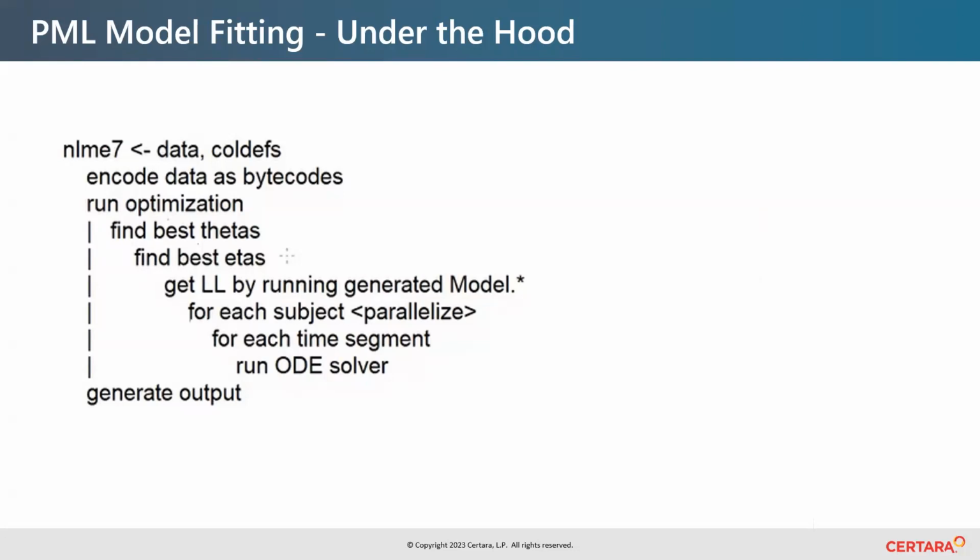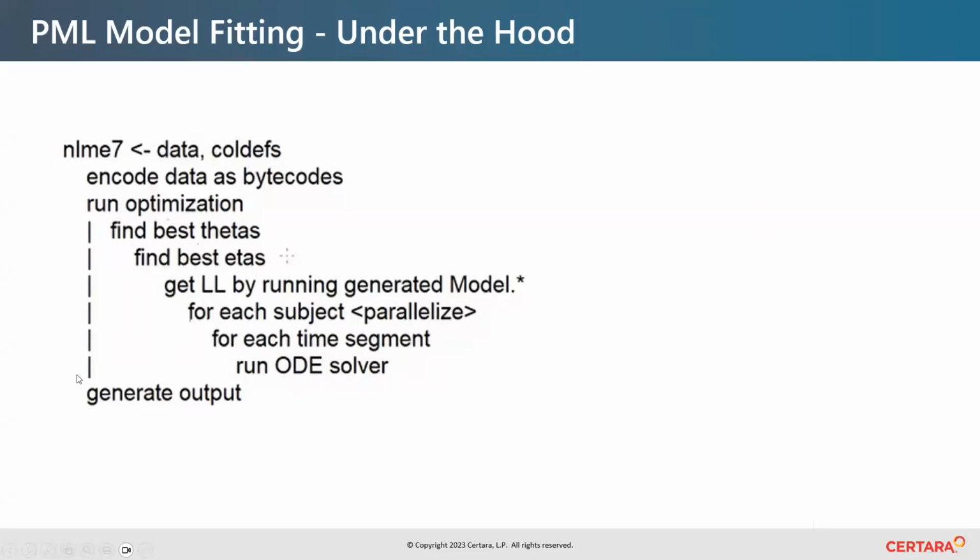Those are two files. The first thing we do is take the data and encode it as bytecodes, so we're not trying to make decisions all the time as the thing runs, as to, for instance, if an observation and a dose happen at the same time, which happens first? By putting it as bytecodes, we make that part efficient. At the very end, once we've found all the etas, we can generate output.